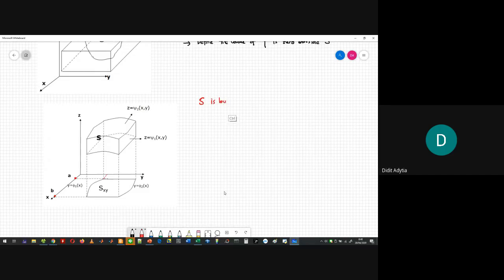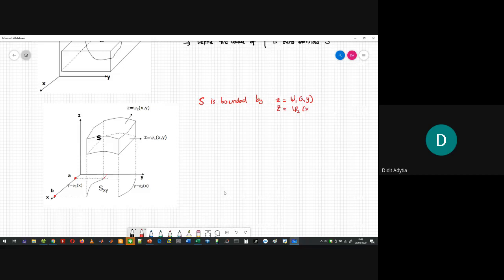So S is bounded by Z-nya. Z-nya terdiri dari yang pertama adalah psi 1 is a function of X and Y, and then up until psi 2.